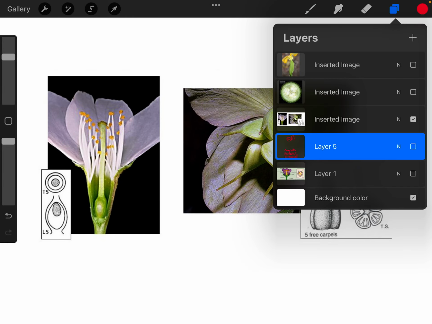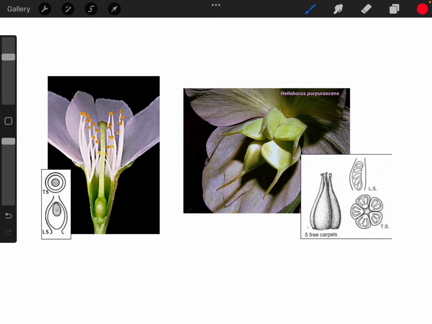We have our petals. That's our second whorl. We have all of our stamen, a third whorl, and then we have the gynecium, which is our fourth whorl.